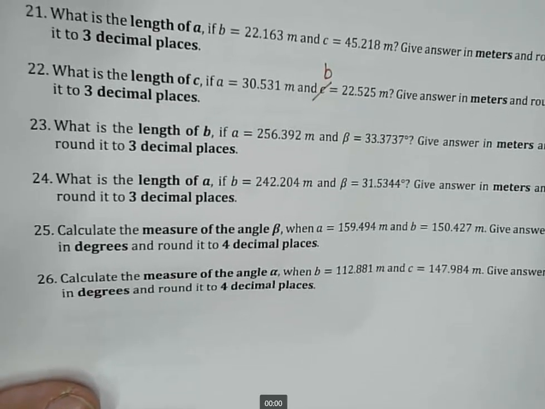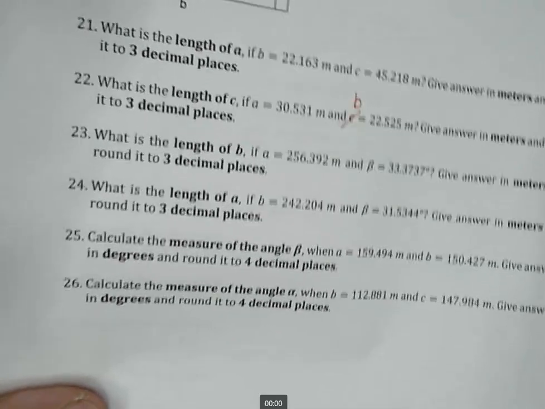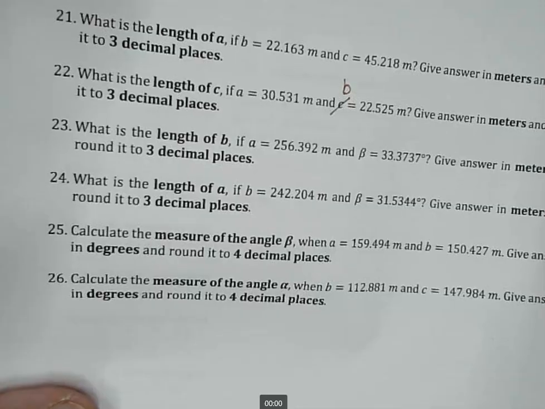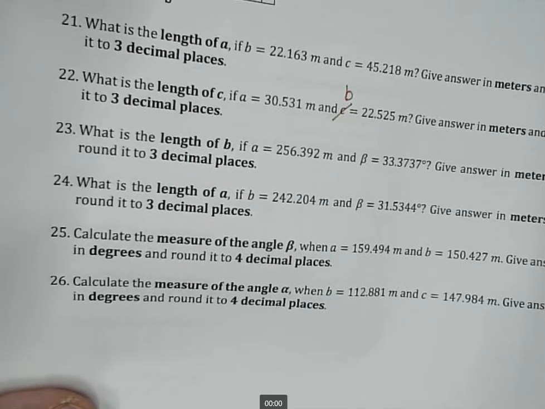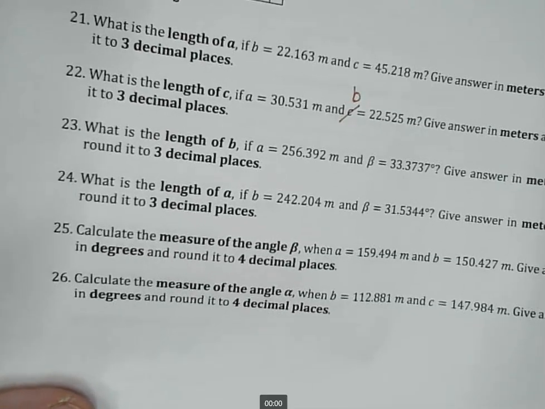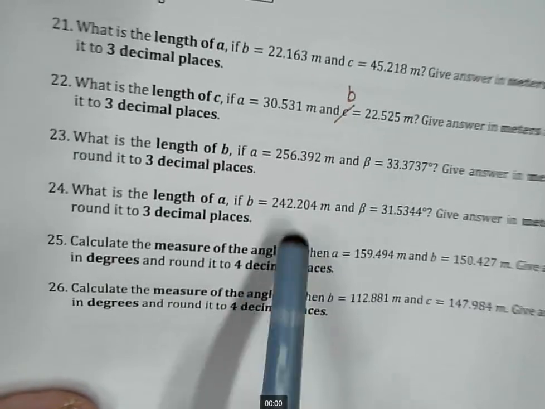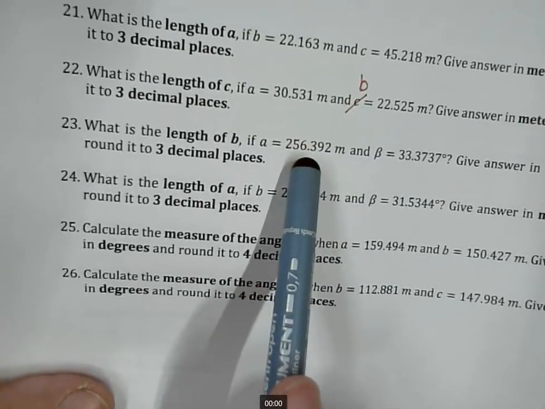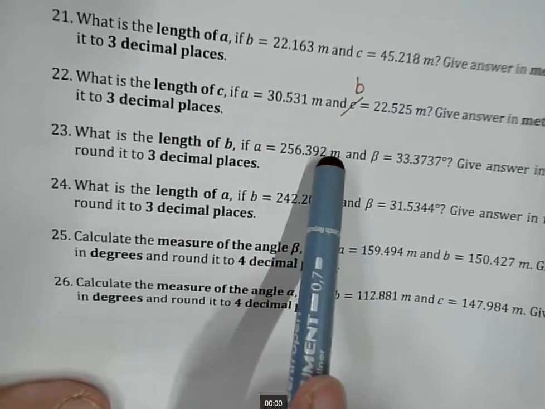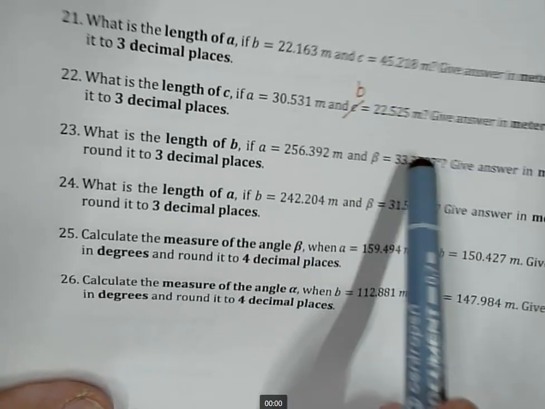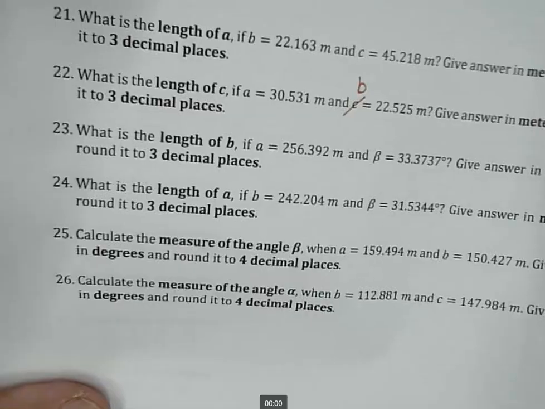Well, simply they have to use very accurate angles to get the lengths of buildings or building sites correct to 1 millimeter accuracy. For example, here the length of side A had 3 decimal places, so this means 1 millimeter accuracy, and it demands that these angles must be in that accuracy.